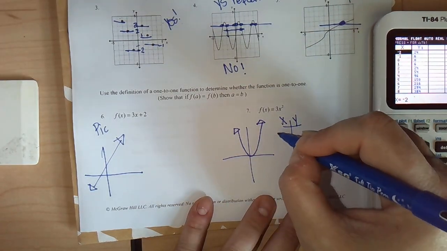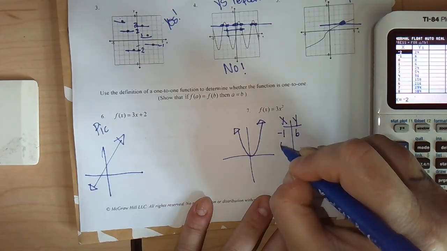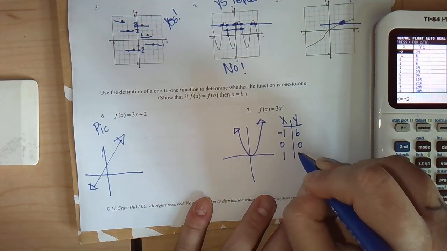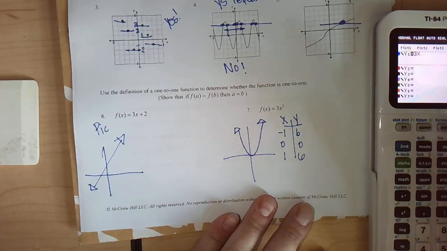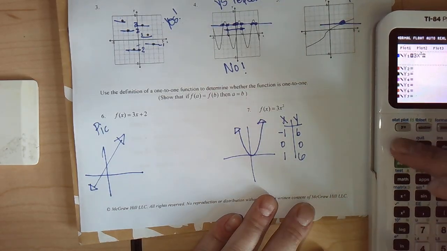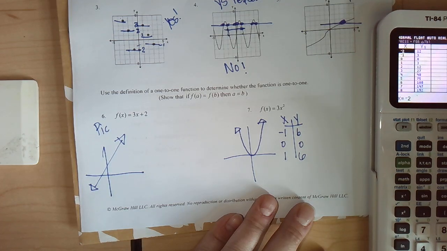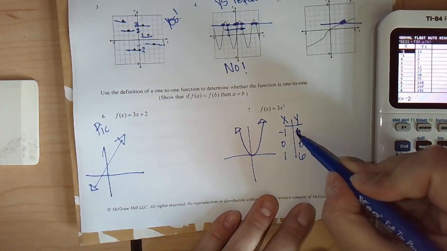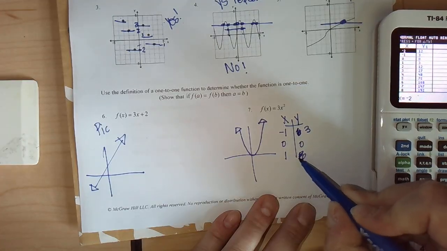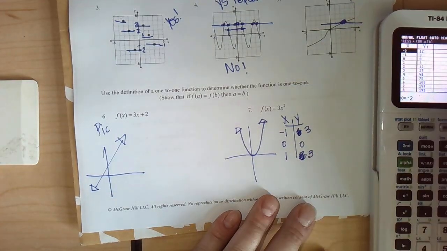It should be negative 1, 3, 0, 0, and 1, 3. I typed in something wrong.